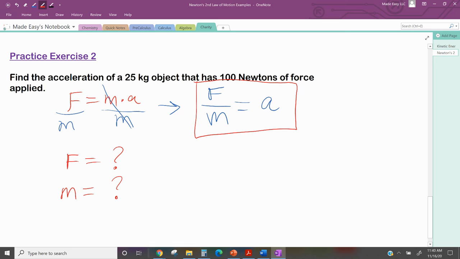After we find that, we're just going to plug the force, put that number up there, and then we'll put our mass in right here, top to bottom, and you have the acceleration.